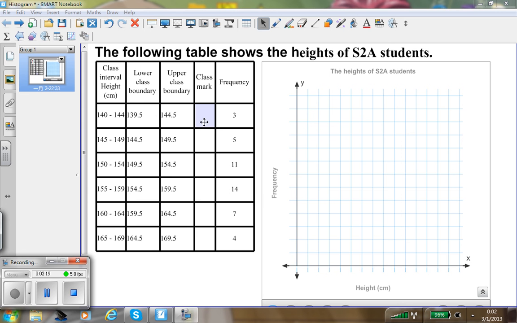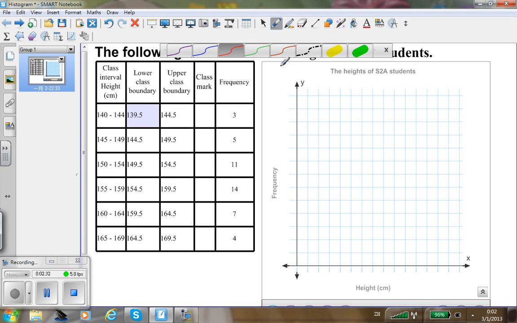Then we have to find the class mark. Class mark, you can think of it as the middle value between these two values. Therefore, for the first class, the class mark is found by 139.5 plus 144.5, and then divided by 2.